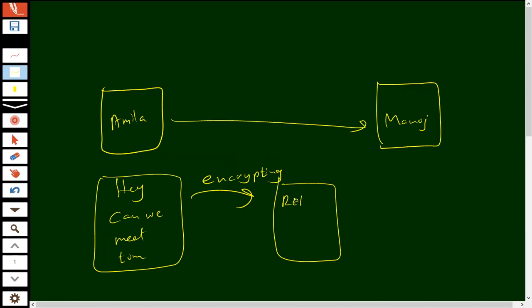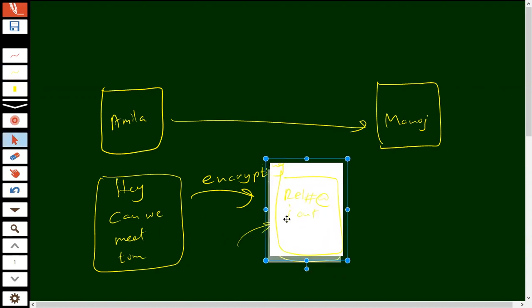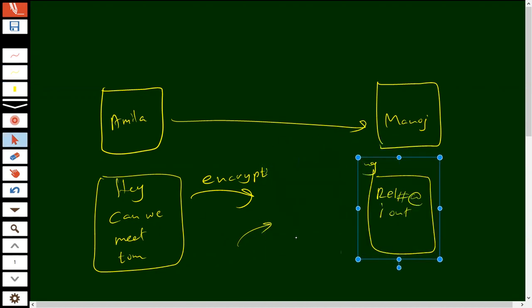Only characters are there. We can't read it. How can we read this? We can read, but we can't make sense of it. Then we are going to send the encrypted message to user Manoj.